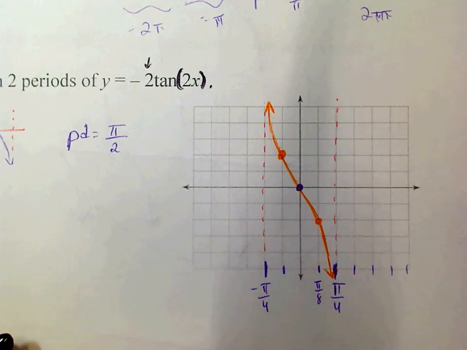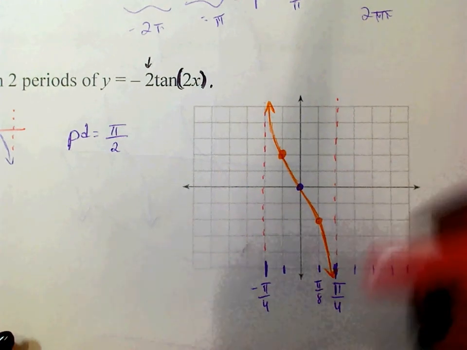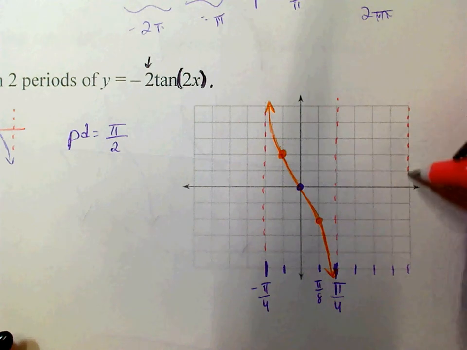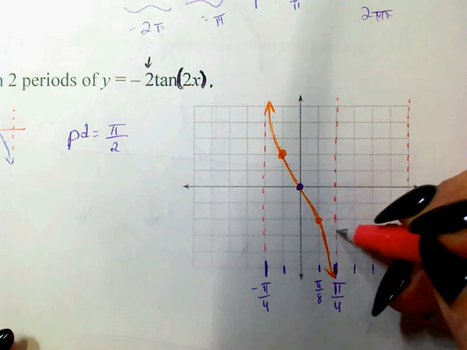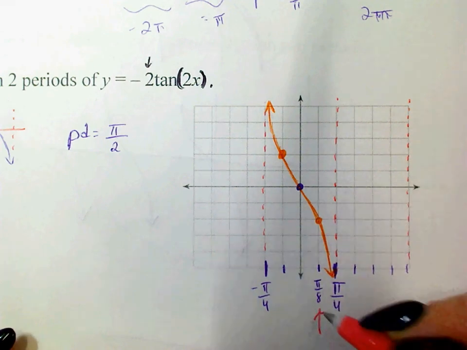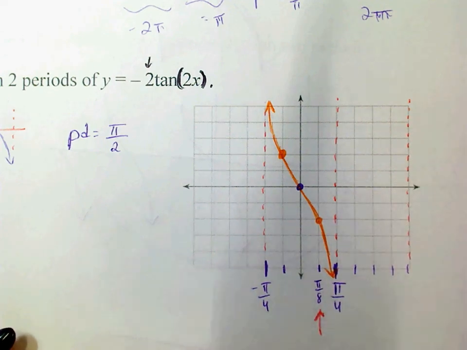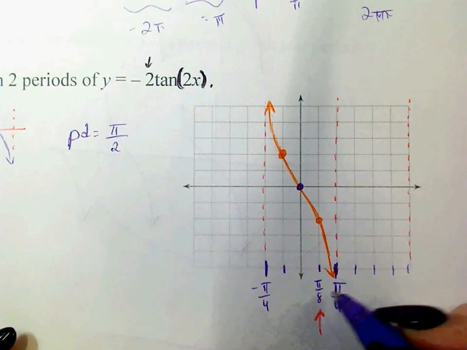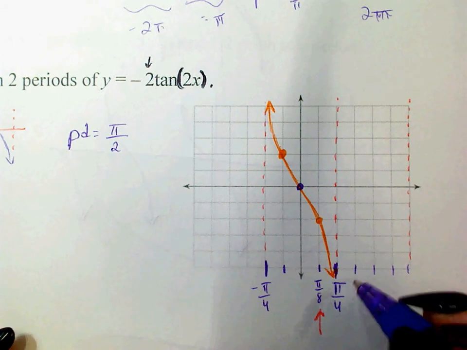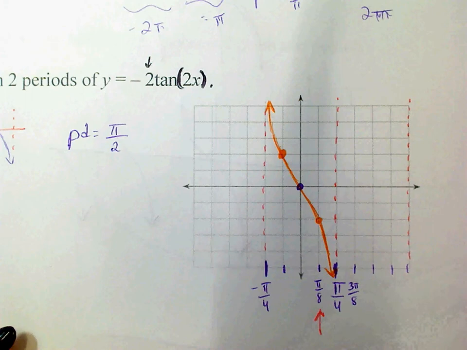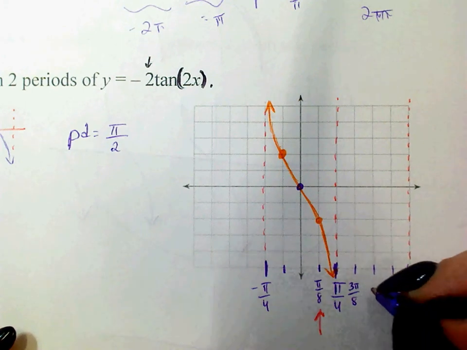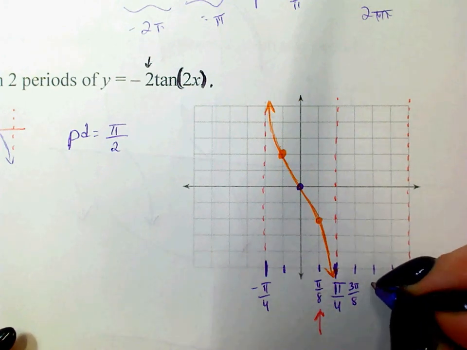What's your counting tick mark? Well, every tick mark is 1/8. Every 2 tick marks is 1/4. So if every tick mark is 1/8, what's the third one? 3 pi over 8. What's the fourth one? Pi over 2, good. Remember, you could also count by 4, so if that's 1/4, then that's 2/4, or 1/2.